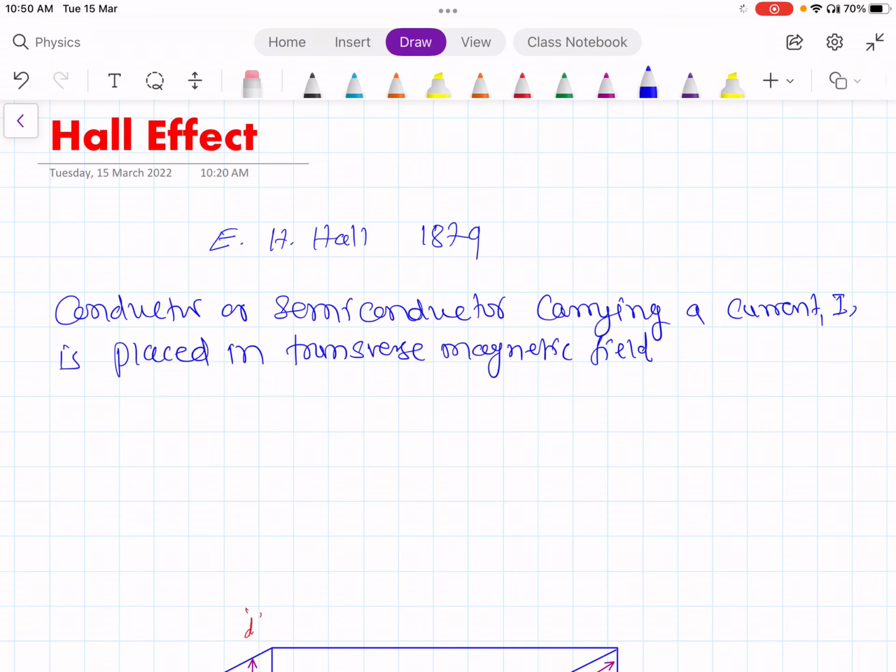Transverse magnetic field means the direction of the magnetic field and the current is perpendicular to each other.